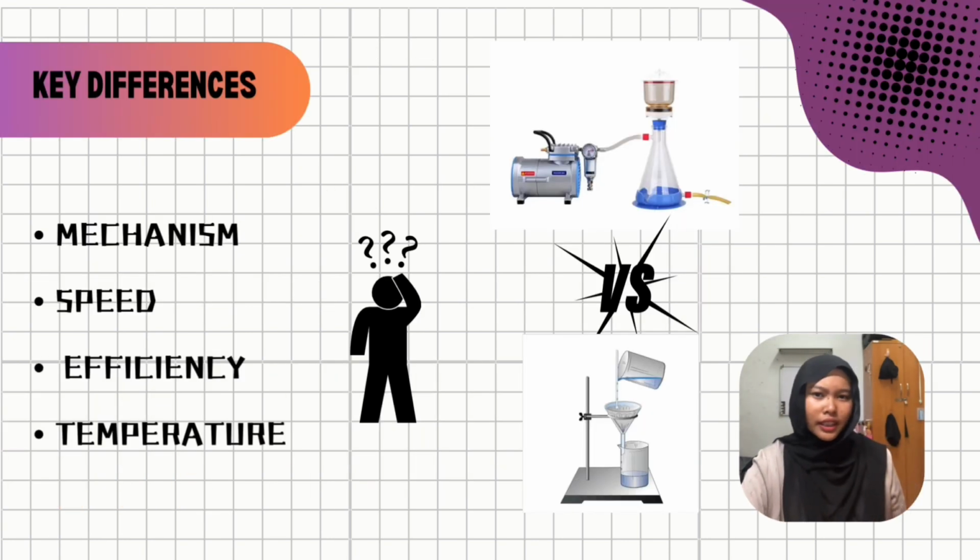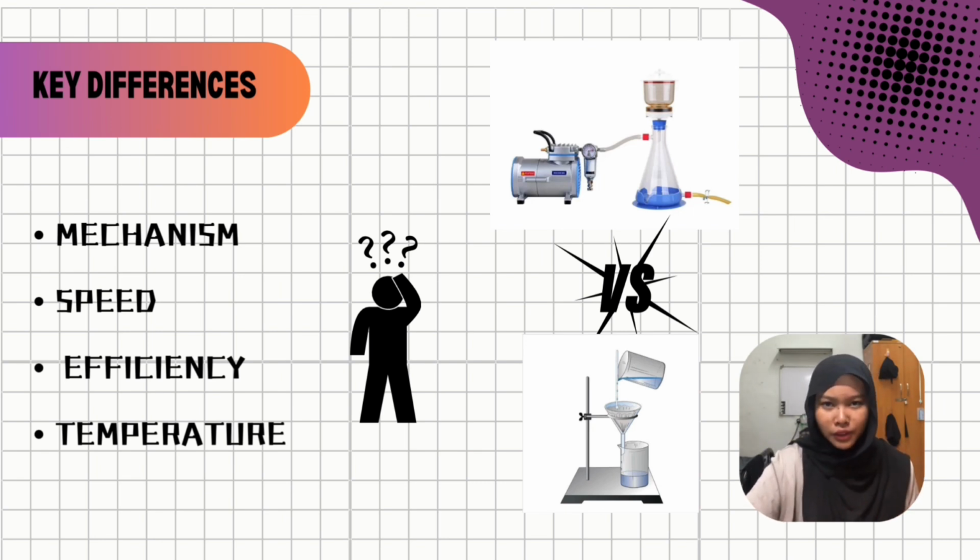Next, here are the key differences between gravity and vacuum filtration. First one is mechanism. Gravity filtration relies on the force of gravity to separate the mixture, while vacuum filtration utilizes negative pressure to accelerate the process. Second one is speed. Vacuum filtration is generally faster than gravity, especially when dealing with fine particles.